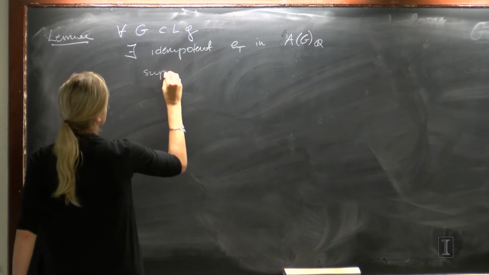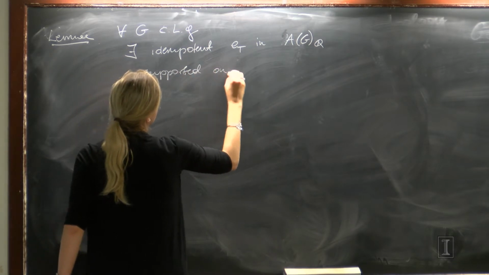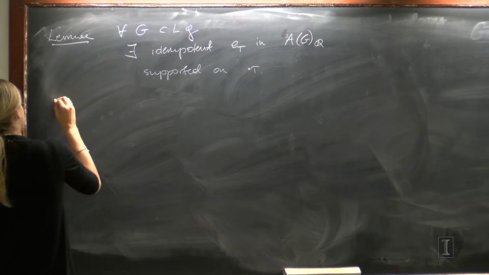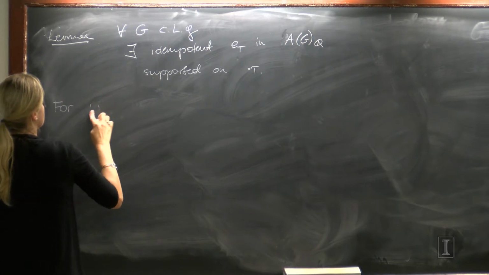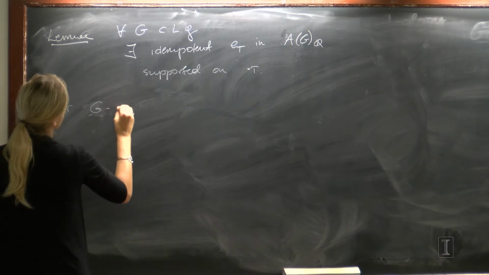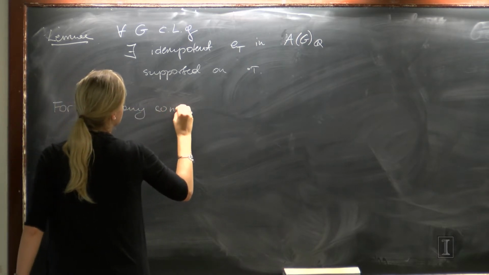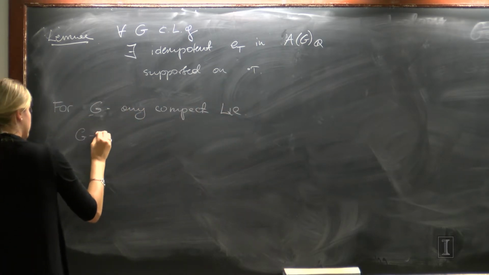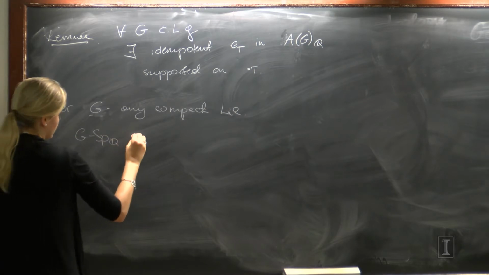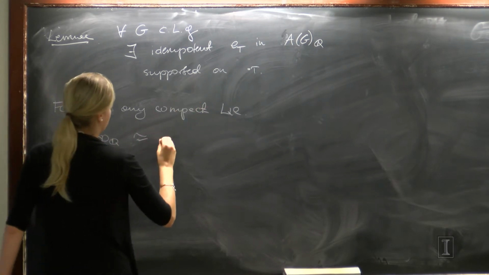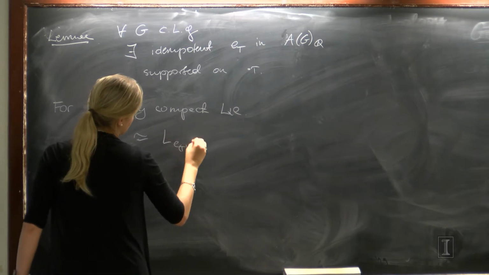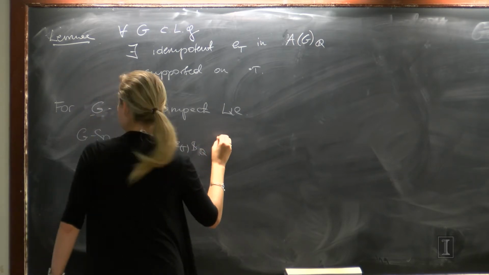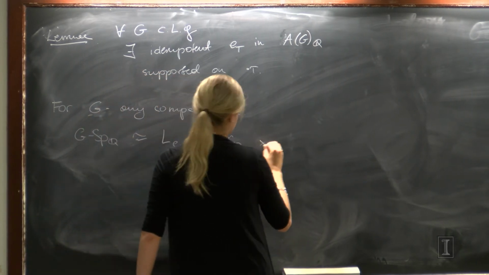So supported on T. So if I have that, I know that for general G, any compact Lie group, I can split the category of rational G-spectra into two pieces, well, at least two pieces. I know I can use this idempotent, so I can split into the part supported on T and the rest.